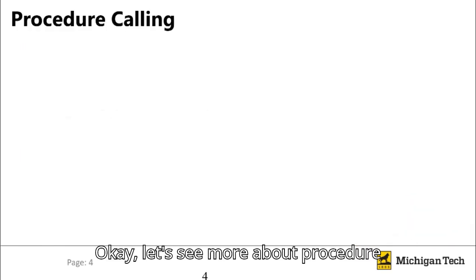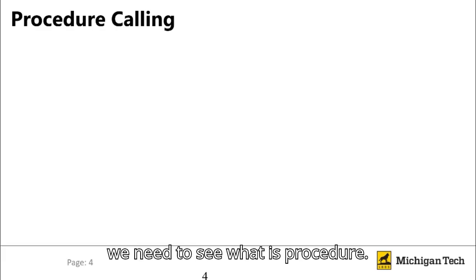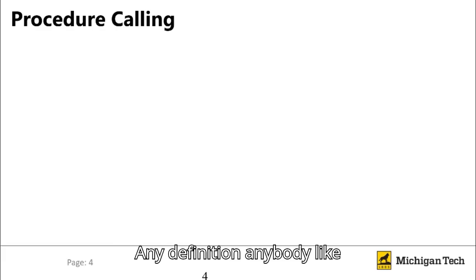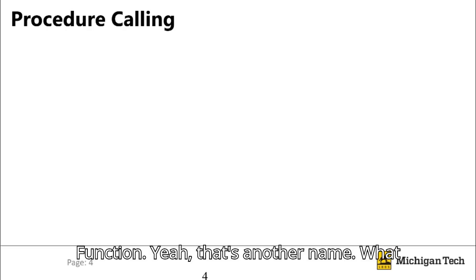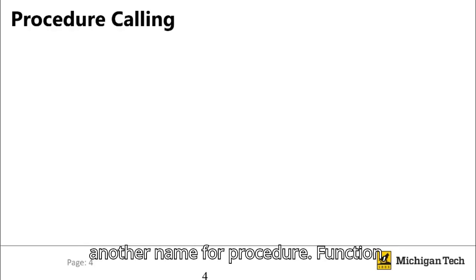Okay, let's see more about procedure call. First we need to see what a procedure is. Any definition, anybody can tell me what a procedure is? Yes? Function. Yeah, that's another name. What is a function? That's another name for procedure.